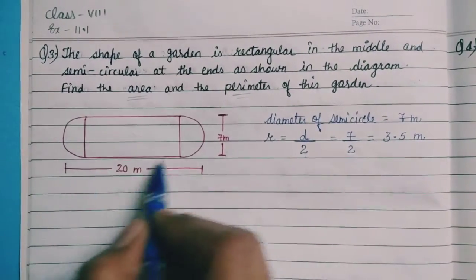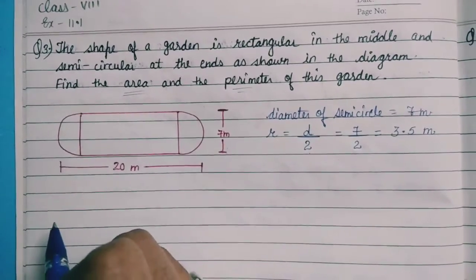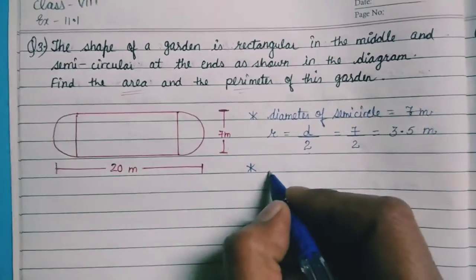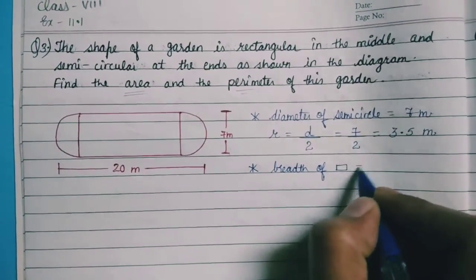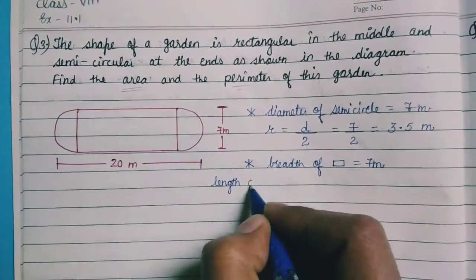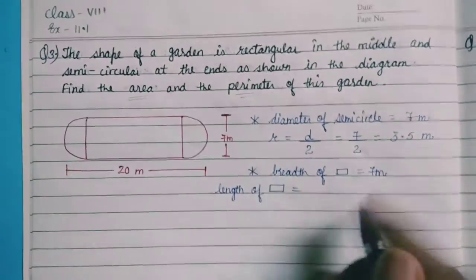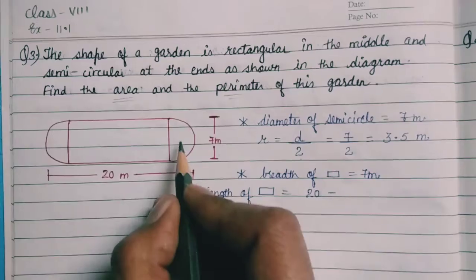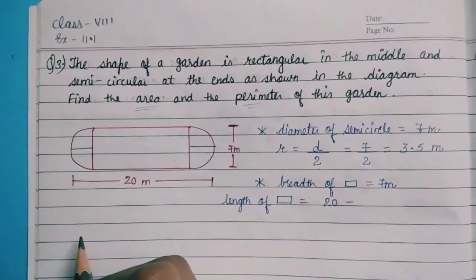But for getting the area of this rectangular part, we need to see the length also. So this is our first thing. Second thing, you can see the breadth of the rectangle is 7 meter. But for the length of the rectangle, you can see the total given is 20. But 20 is the value with the two semicircle portions added.